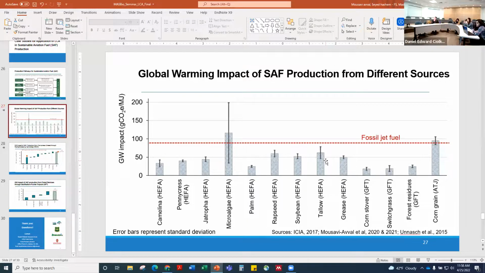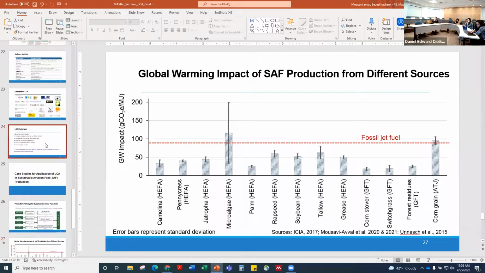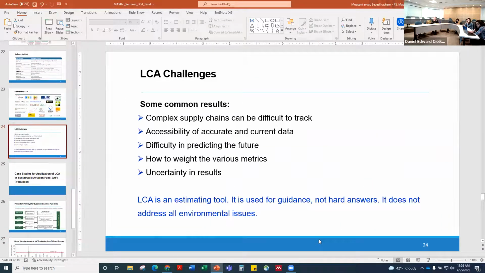All right, great. So another question that's come up relates to how you mentioned on slide 24 that LCA is not meant to be used for hard answers, but for guidance. However, it seems that LCA as a methodology is all designed to produce hard numbers as the output.